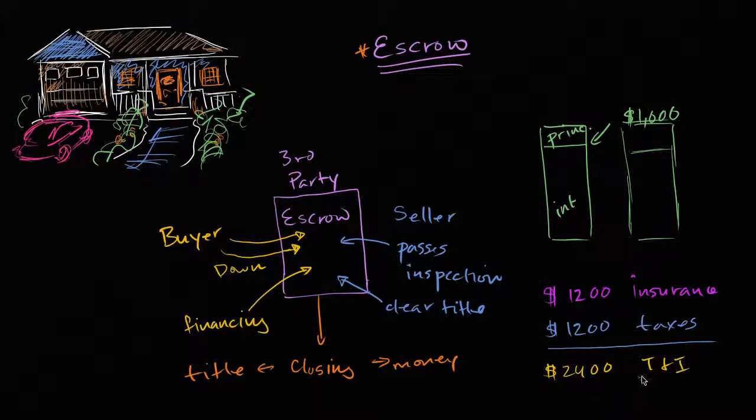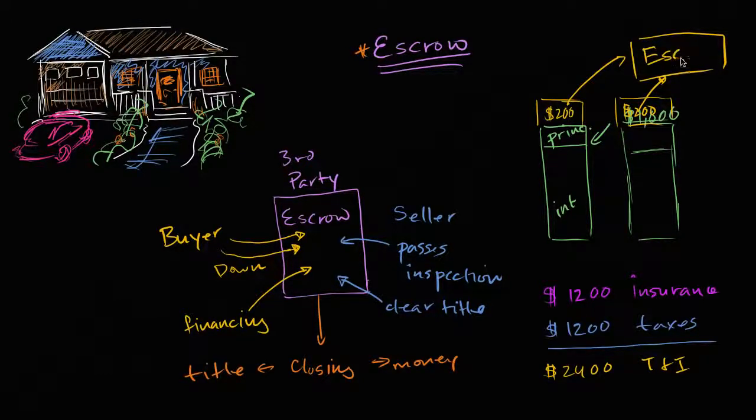The way that we're going to make sure that you pay it is that every month you're going to pay 1/12 of this. So you're going to pay $200. Every month you're going to pay $200 for taxes and insurance, and this is going to go into an escrow account.